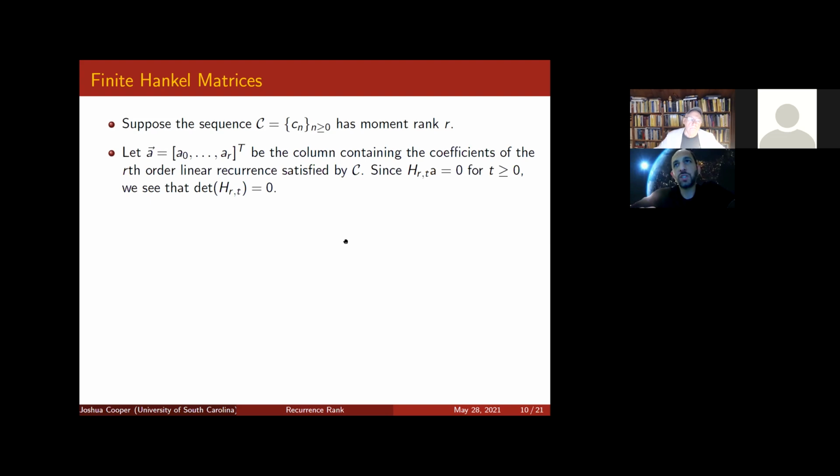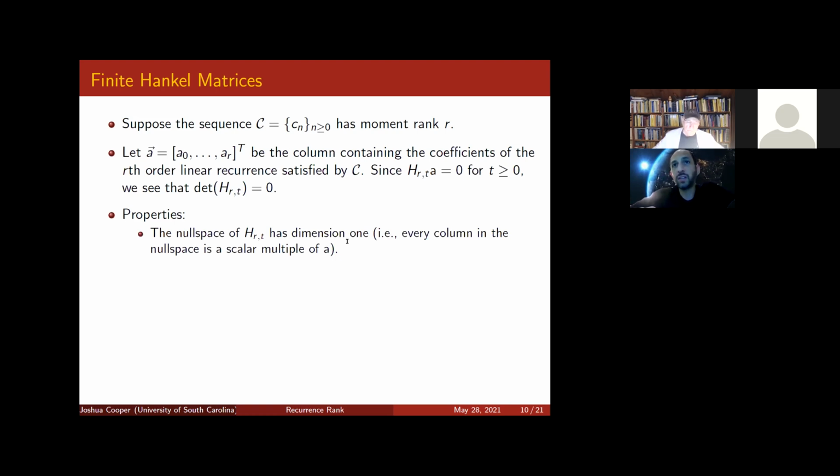Then the matrix has to be singular, right? Because we've just found a non-zero vector which, when multiplied, gives you the 0 vector. So that matrix is going to be singular when there is such a vector A. And it turns out the null space has dimension exactly 1.